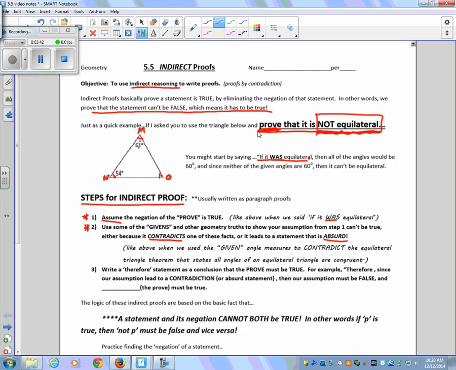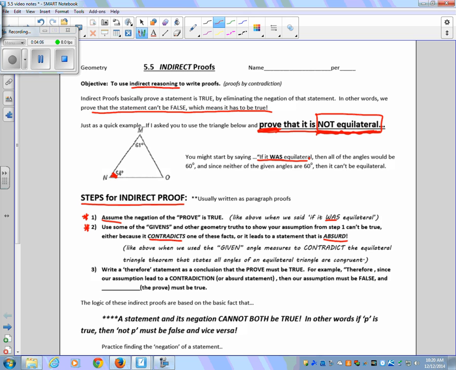So assuming that this is equilateral has contradicted a known geometry fact. Angle N is a given. It's at 54 degrees. So the given information here contradicts a theorem that we learned.